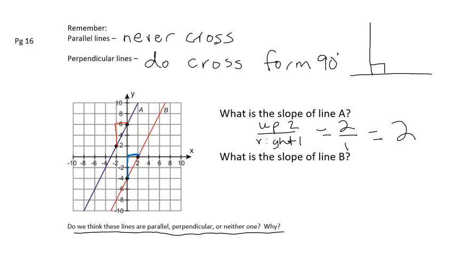B appears to be doing the same thing. So they have the same slope. It would make sense to me that parallel lines do have the same slope, because once their slope becomes different from one another, they will change in terms of their steepness.